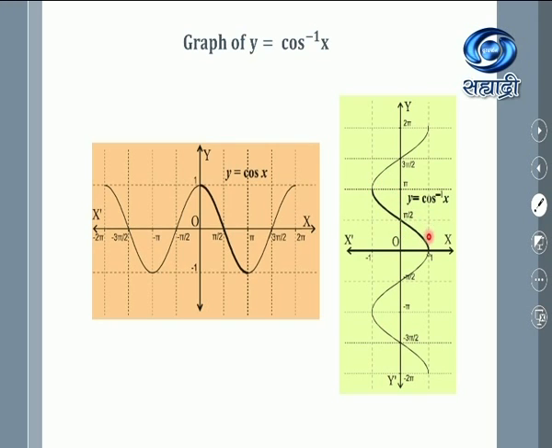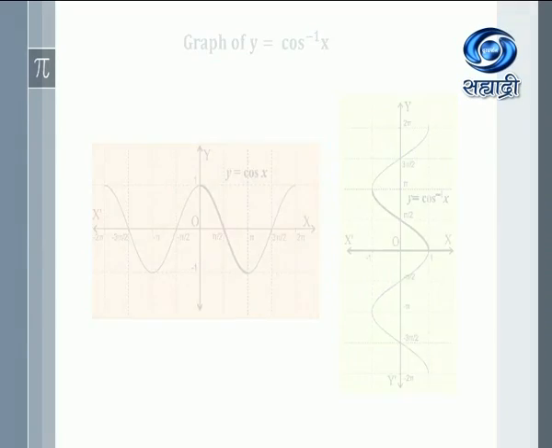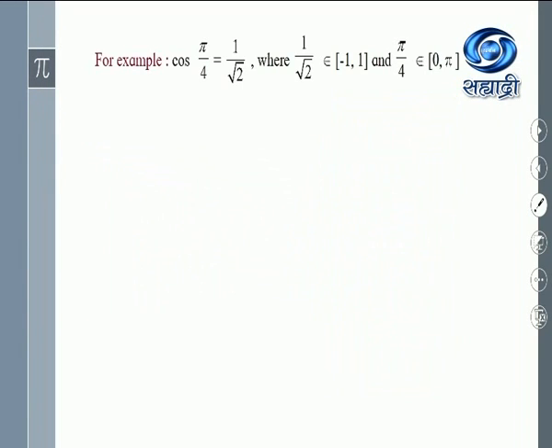This is the darkened branch, which is one-one and onto. So 0 to pi becomes the range, and what is the range here? -1 to +1. That becomes the domain, -1 to +1. So the graphs are very, very important to understand the concept of inverse functions. Clear? We'll have to revise all these things again and again from the textbook.